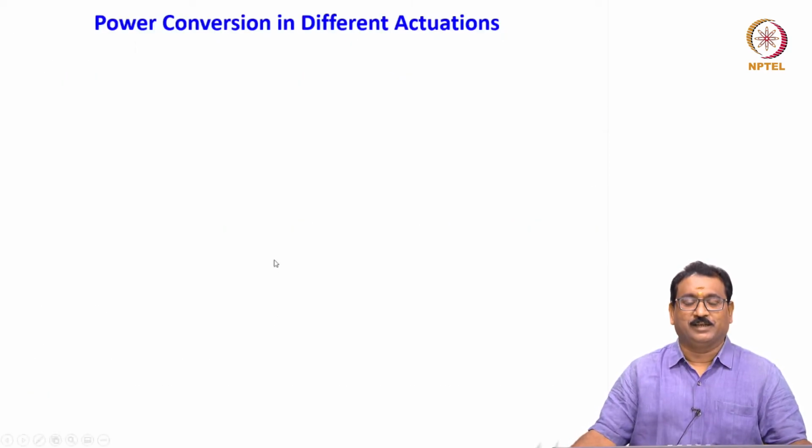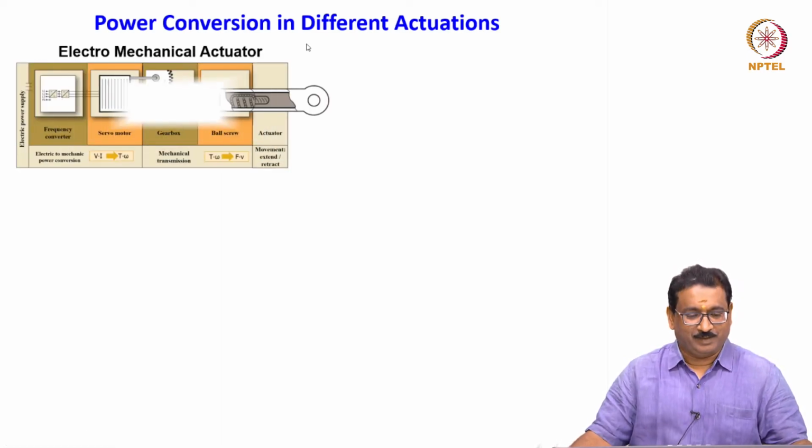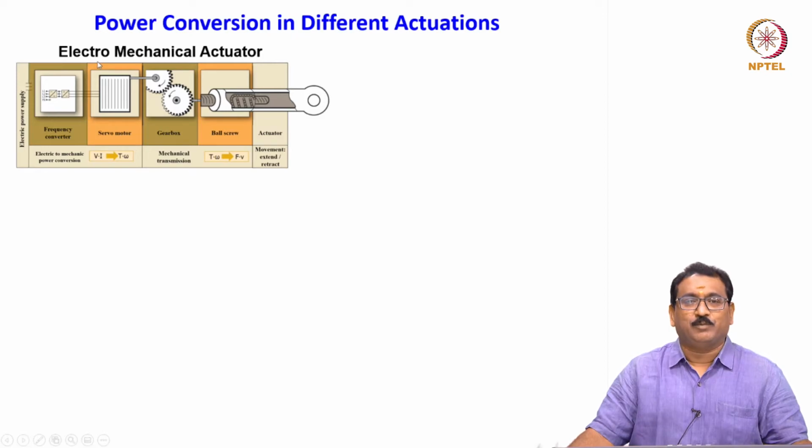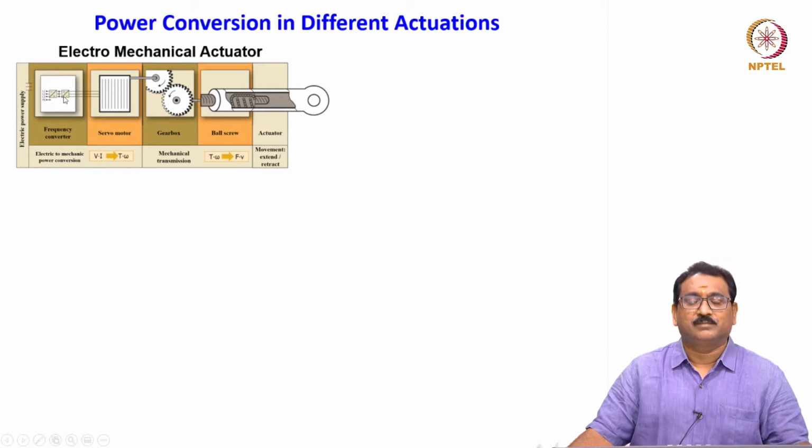Let us see the power conversion in the different actuation systems. Here I am showing you the electromechanical actuator, EMA. The electric power supply first goes to the frequency converter, then to the servo motor, and from the servo motor through the gearbox it reaches the actuator, the ball screw.